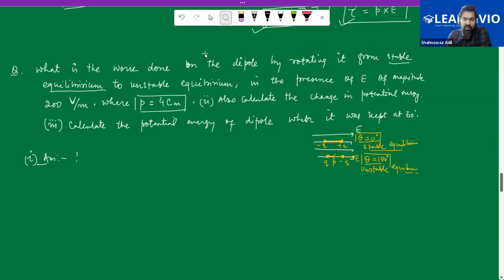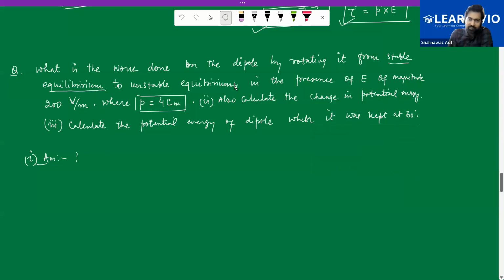What is the work done on the dipole by rotating it from stable equilibrium to unstable equilibrium in the presence of electric field of magnitude 200 volt per meter, where P is 4 coulomb meter, right? So we want to find out what is the work done.